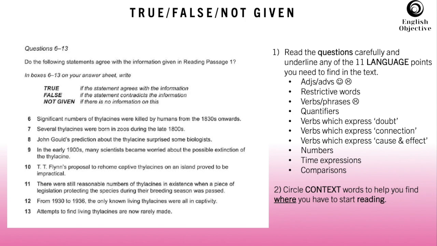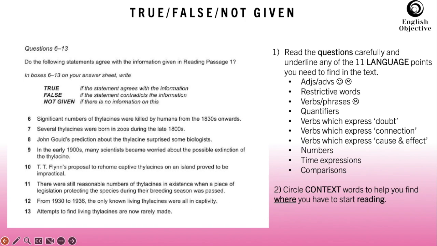The main thing is to underline any of the 11 language points that you see on the screen, and we need to try to find them in the question. So identify what kind of language each question from 6 to 13, in this case, is telling me to find, and then through the context words we will see where it is in the text.